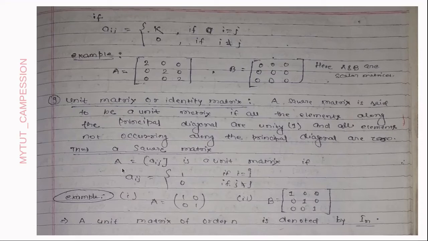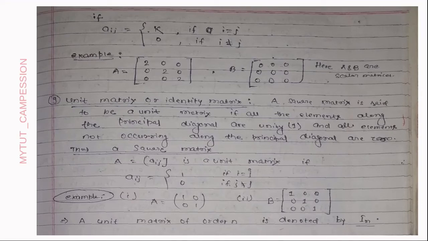A square matrix Aij is a unit matrix if Aij is 1 when i equals j and 0 if i is not equal to j. That means when the row number and column number are equal, the element of that matrix is 1, and when the row number and column number are not equal, the element is 0.